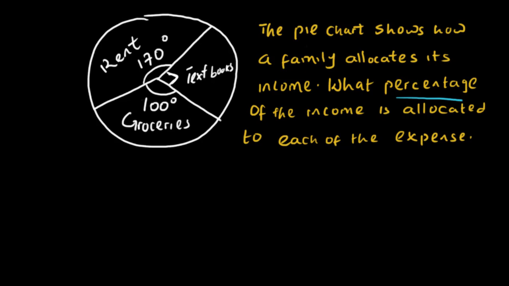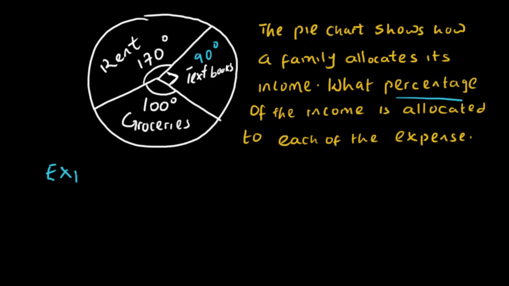So basically we are expected to convert degrees to percentage. Now the first thing I want you to note here is that for this textbook segment, we have this box and no number is attached, but I hope you know that when you have a box, it represents 90 degrees. So textbook is 90 degrees. So can we convert each of them to percentage?